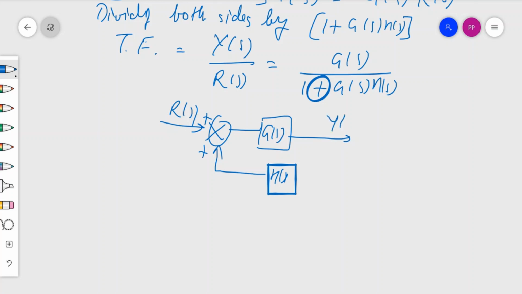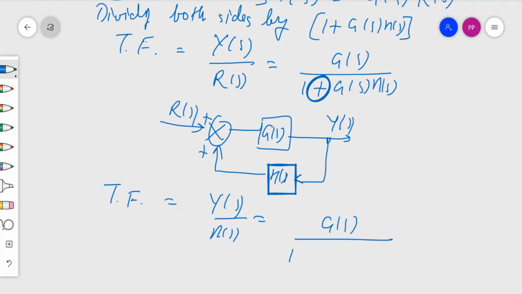So this Y(s), you are getting the feedback signal. In that case, the transfer function will be Y(s)/R(s) equal to G(s) divided by 1 minus G(s)H(s). And this is the example for the oscillator where we use the positive feedback system.